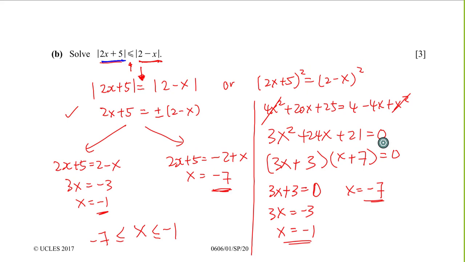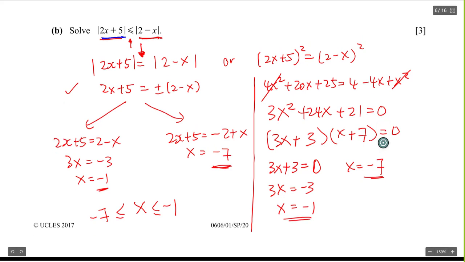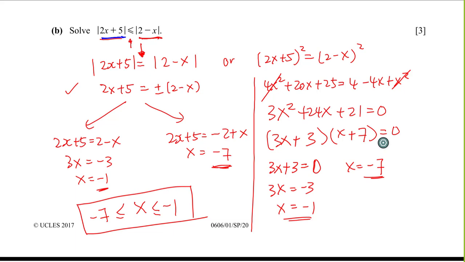Of course, what you can do to test your answer is correct is insert any number from the inequality into this equation. You should find that the value you get is less than. For example, a value between negative 7 and negative 1, you can think, yeah, it is negative 2, right?